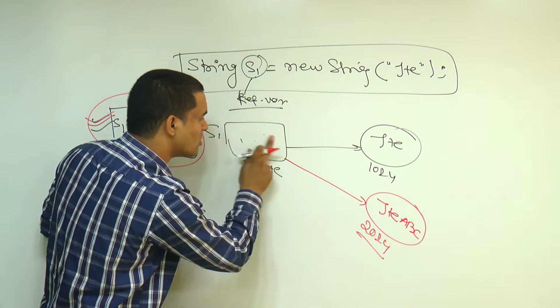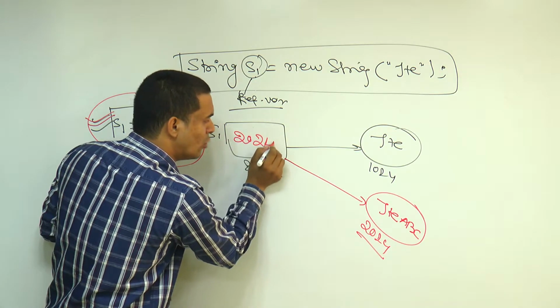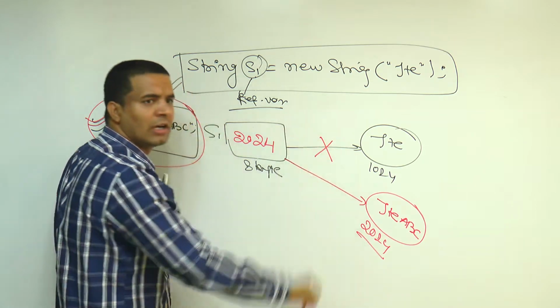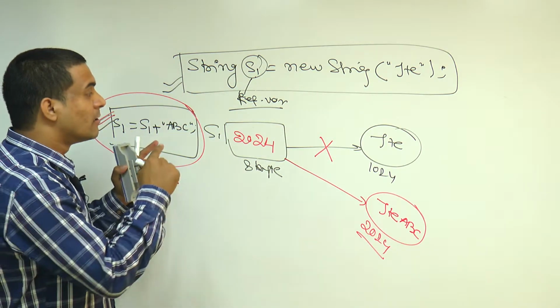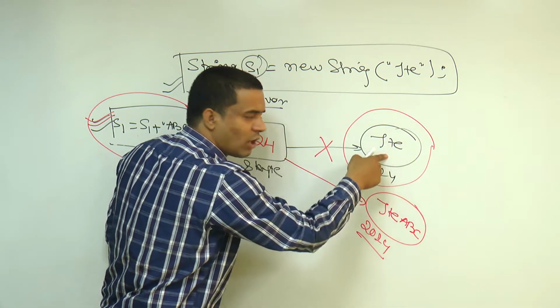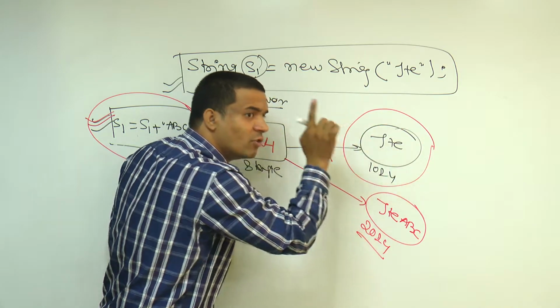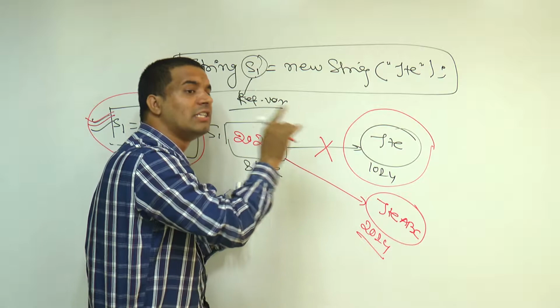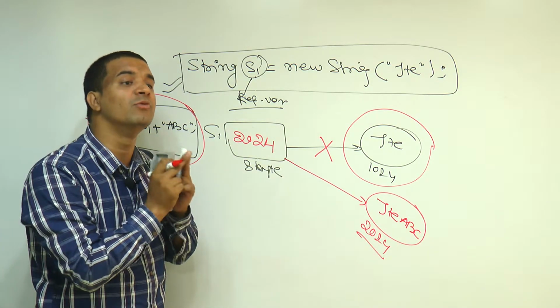So 1024 will be replaced by 2024, and the old one will become unreferenced. What do you understand from this? The memory previously allocated for that object, if it is immutable, in that memory location you cannot perform any kind of changes.